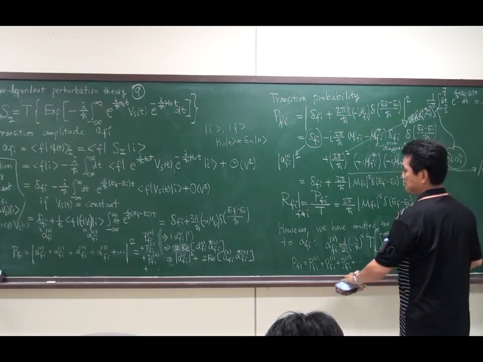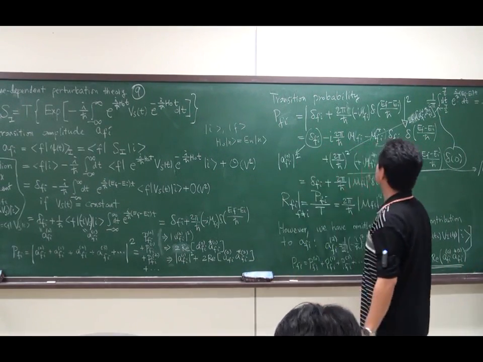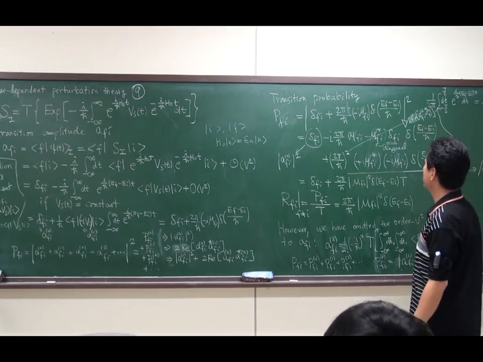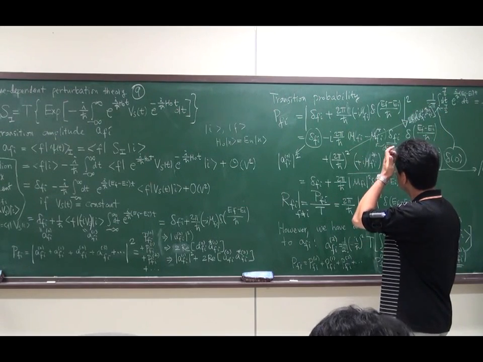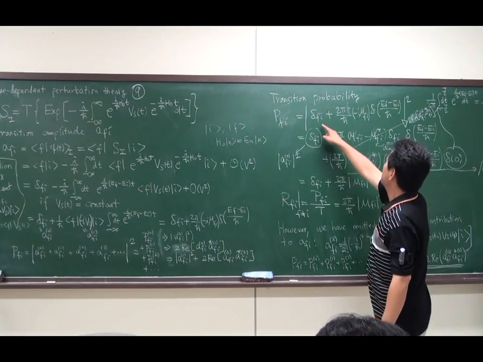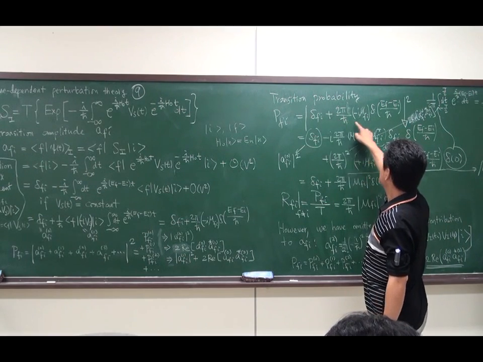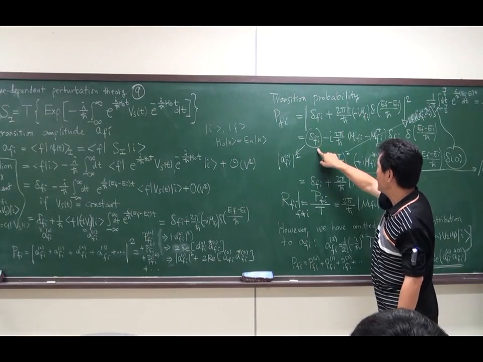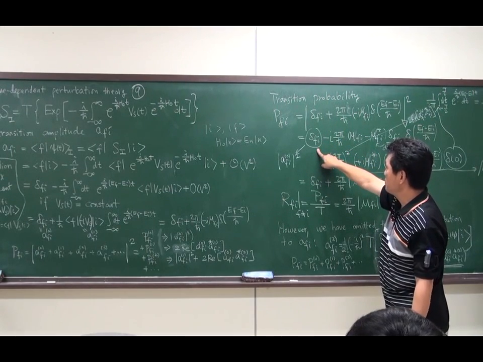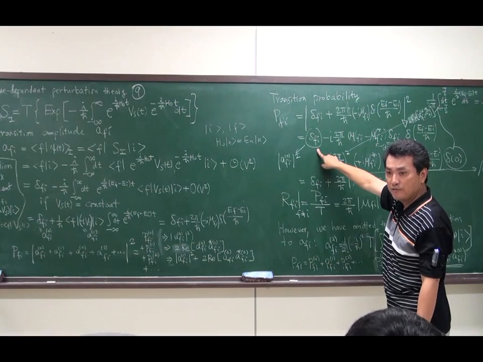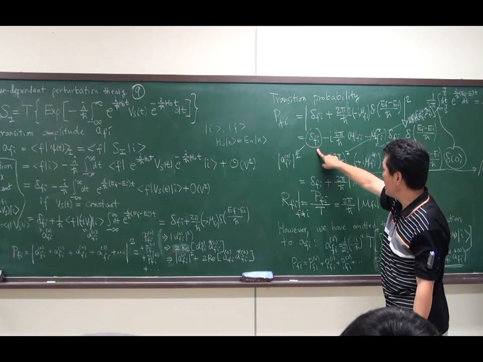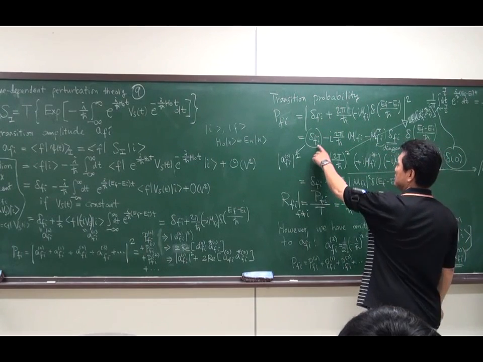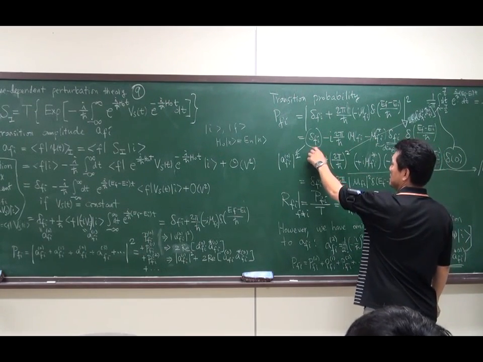Okay. I think I don't have to explain in detail because we have done the same calculation already. This is the zeroth order component and this is the first order component. If I square it, I have delta Fi. It is either 0 or 1. Okay? If F equals I, then it is just 1. If F is not equal to I, then it's 0.